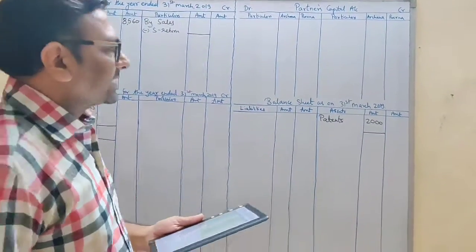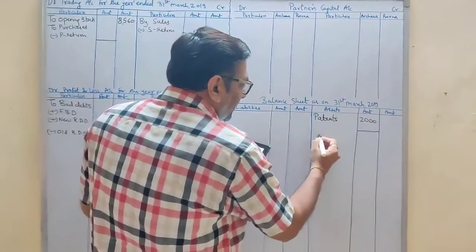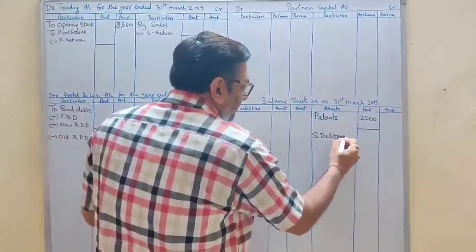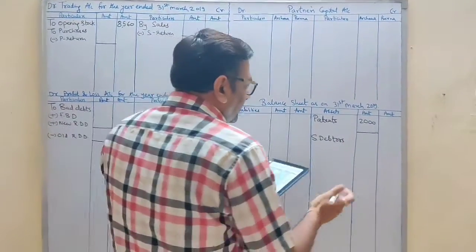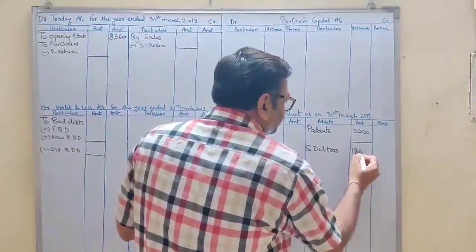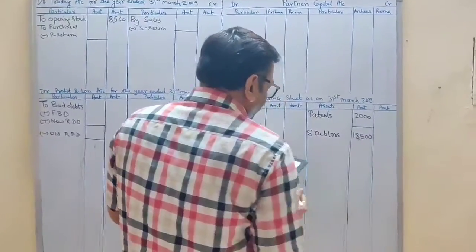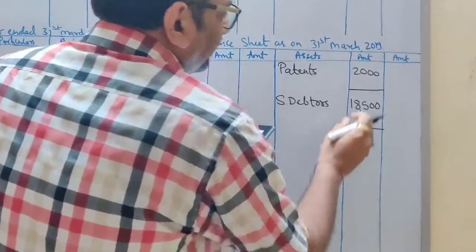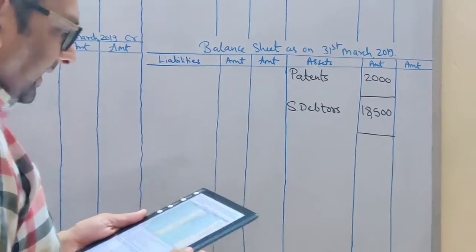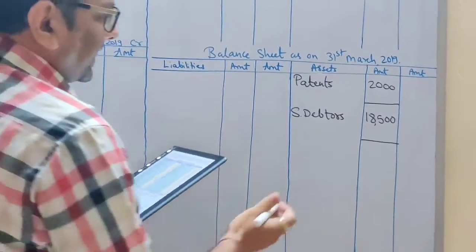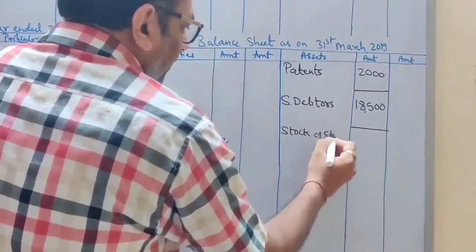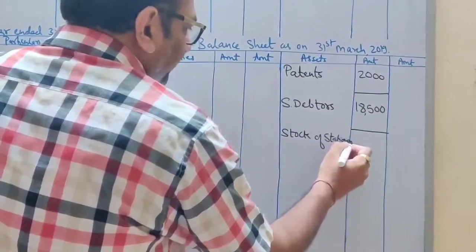After patents there is sundry debtors, will go in balance sheet asset side. Sundry debtors 18,500. Even in this there is an adjustment. You have to write the amount in inner column and leave one extra line. Then they have given us stock of stationery. Stock of stationery is also your asset.